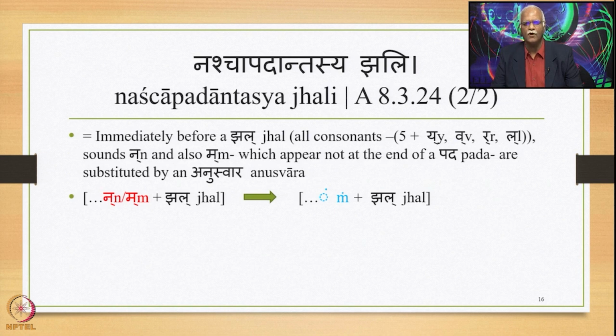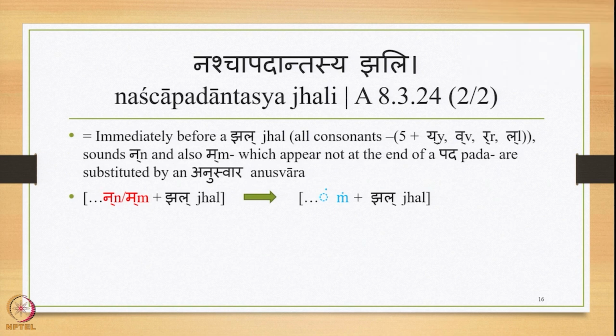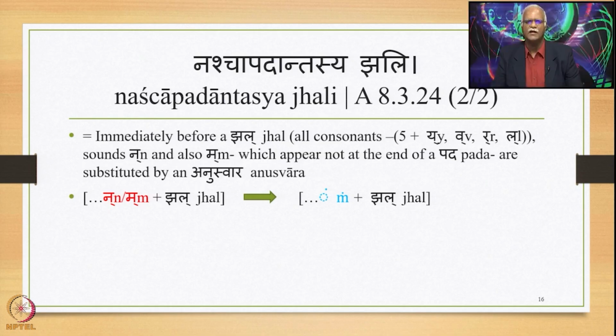After having put all these elements together, the meaning of the sutra Naschapadantasya jhali becomes clear, and the meaning is: immediately before a jhal, and jhal is all consonants minus the fifth consonant of the class plus yavarala, sounds na and also ma, which appear not at the end of a pada, are substituted by an anuswara.